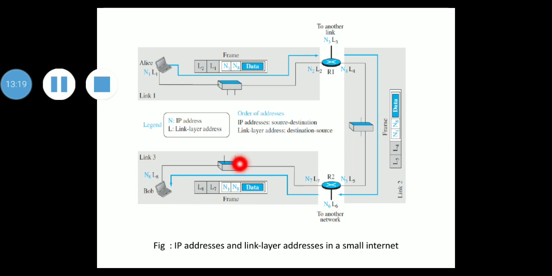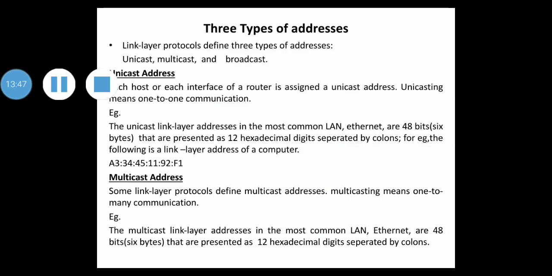Here it is N1, N8: source comes first, next destination. Here destination comes first, then source: L8 destination, L7 source. Whatever the datagrams and frames are, they are designed in this way, so we follow this design.